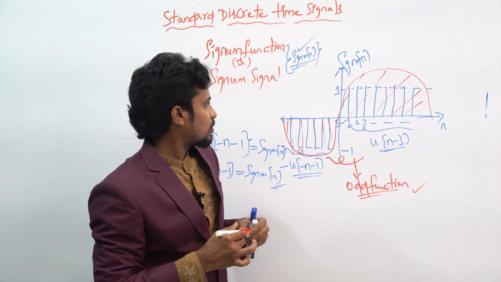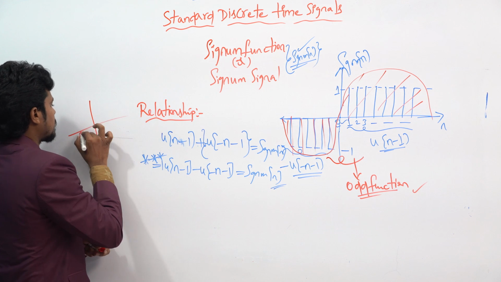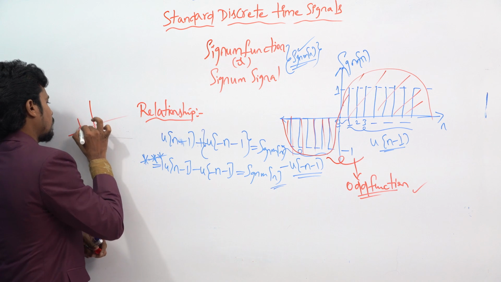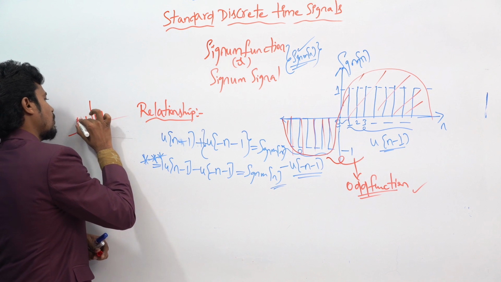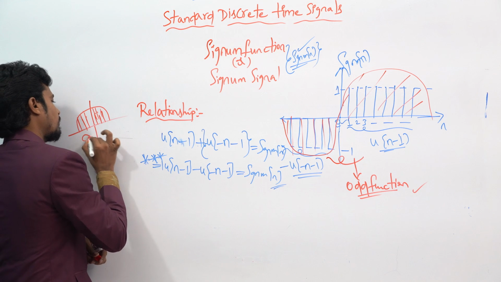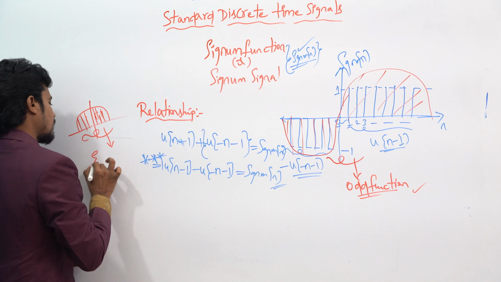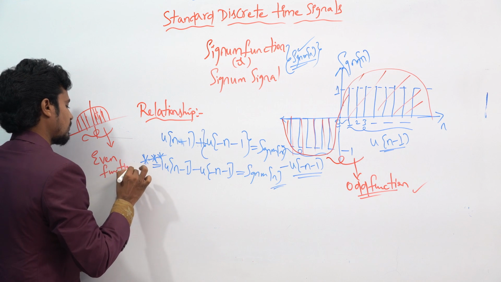And if you want to see another plot like this, for example, if they give the plot like this, blindly you can say with clarity that this is an even function.